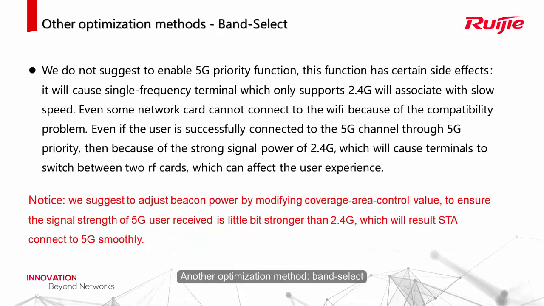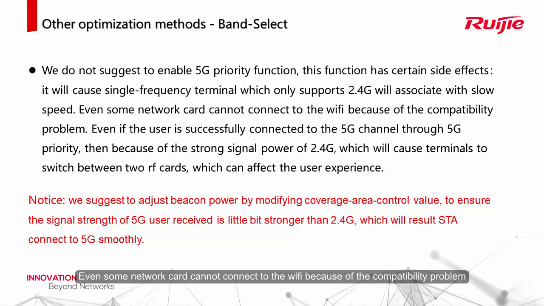Another optimization method, band select. About this method, we do not suggest to enable 5G priority function. This function has certain side effects. It will cause single frequency terminal which only support 2.4G will associate with slow speed.